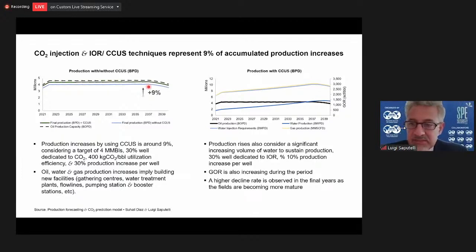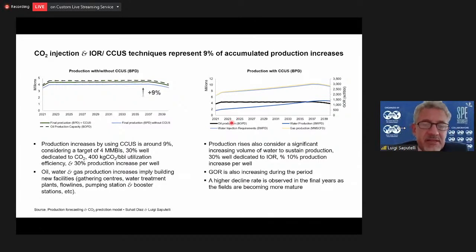Because of CO2 water injection, your water production will increase from almost 2 million to close to 4 million, depending on the water efficiency and all that. We have sensitivities in the following slide. GOR will also increase. The CO2 will alter the properties of the oil, and you can also have an accelerated decline in the later life of the field.